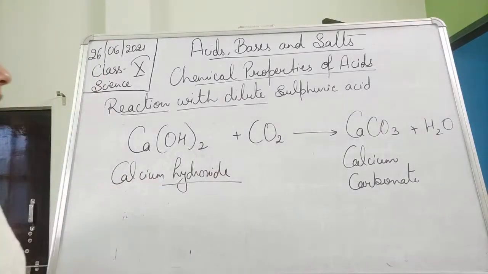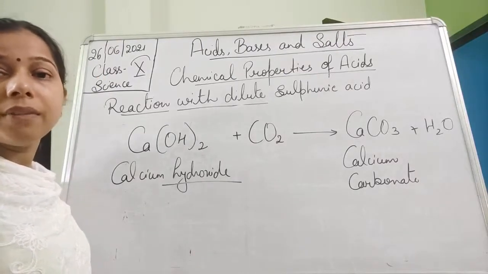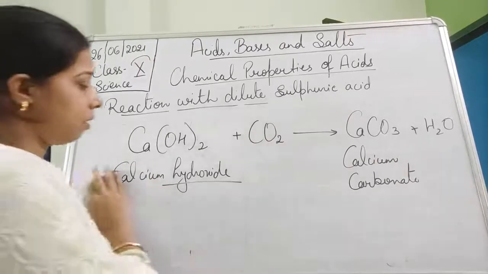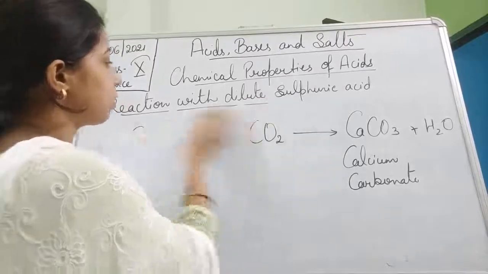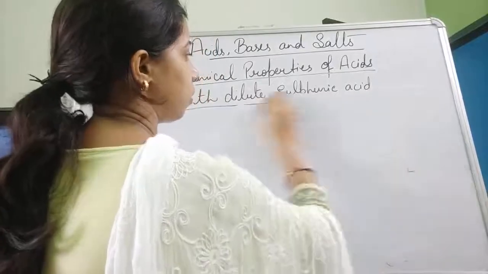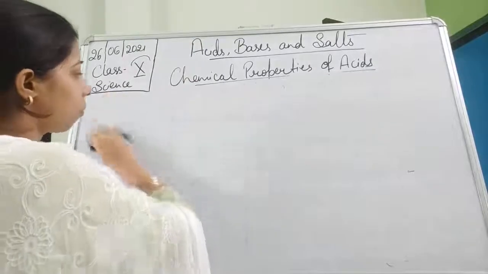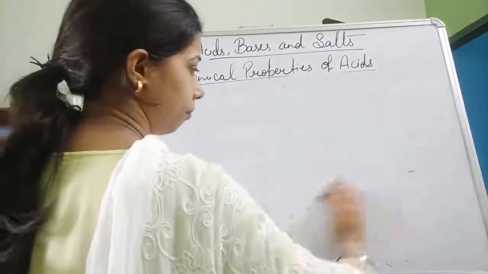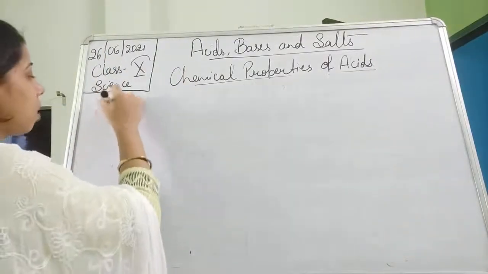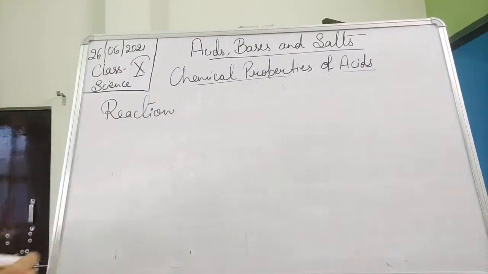Now we will see the next chemical property of an acid: what will happen when we make the acid react with bases. Reaction with bases.